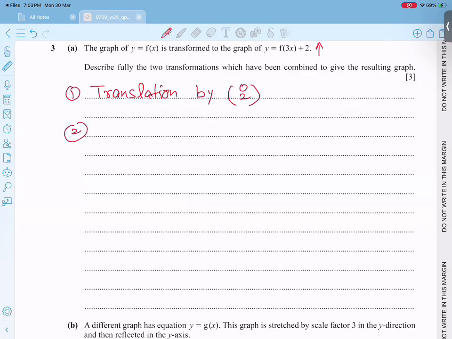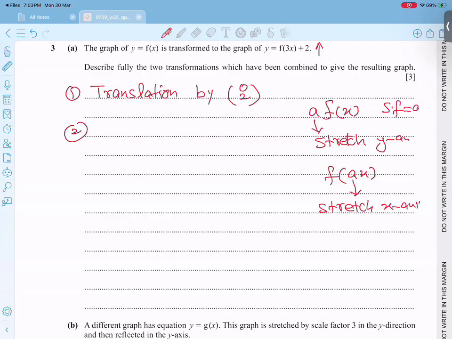Second part, what is inside? Basically, students, if I multiply outside, this represents stretching parallel to the y-axis. But if it comes in the bracket, not outside the bracket, this again is a stretch, but parallel to the x-axis. And here the stretch factor is not the same number A, but the reciprocal of it, 1 by A. So you can see that this number 3 is inside, not outside.